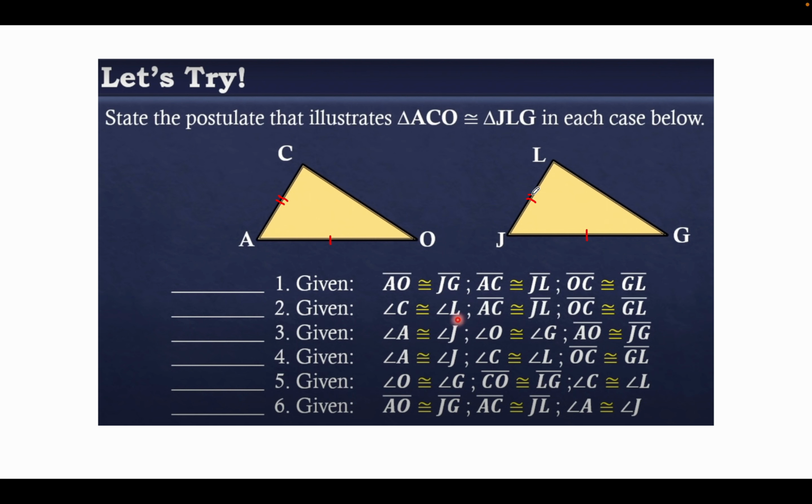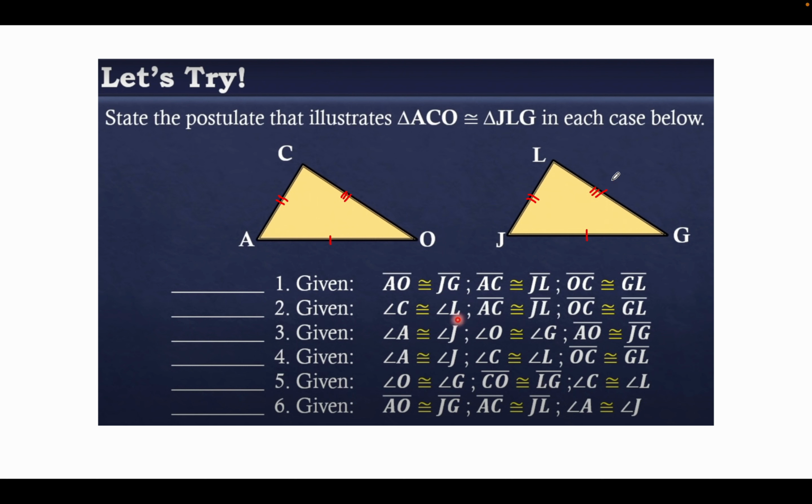Tayong gagawa ng markings based from the given. And line segment OC, so therefore we have here 3 markings, and then is congruent to line segment LG. So what postulate we can use to prove that the two triangles are congruent? The SSS congruence postulate, sir. Yes, very good. The SSS congruence postulate.